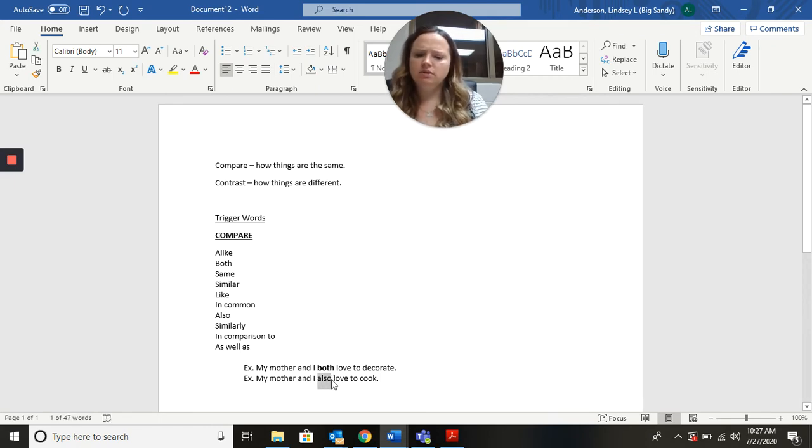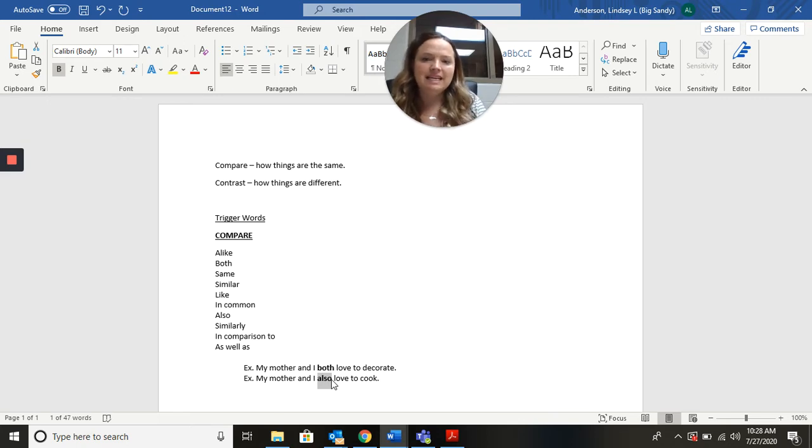Of course, also could be used as a different kind of trigger word. It could be an introductory word. So the placement of the word in the sentence and what it's accomplishing is important. Just because you see the word also does not mean that it is only a comparison relationship. I could say, "Also, I have never been to Colorado."